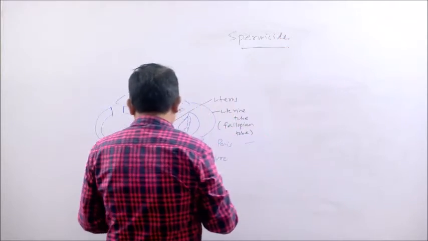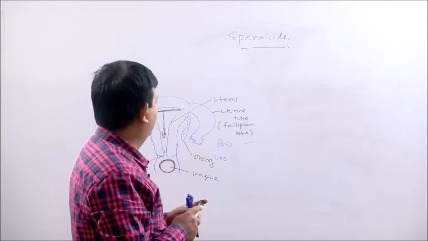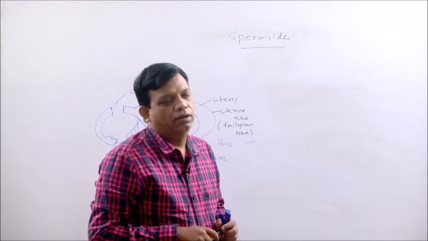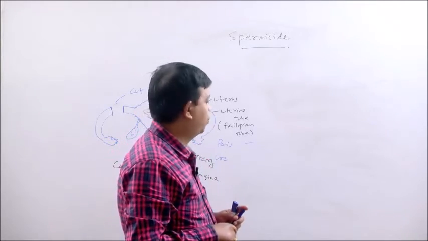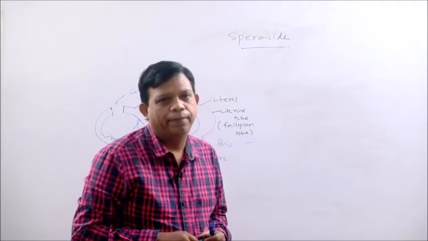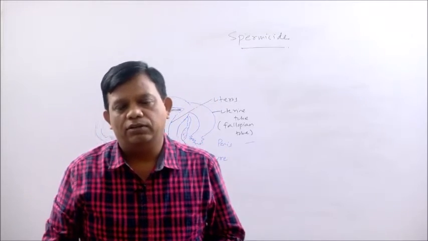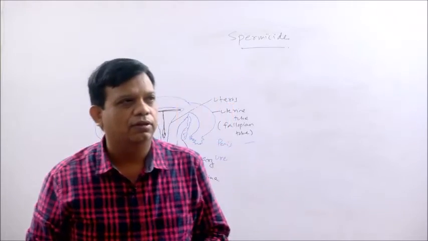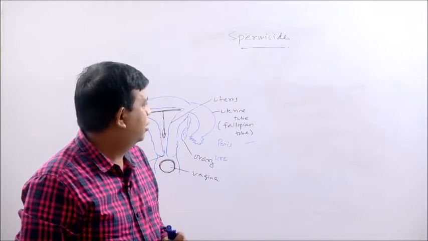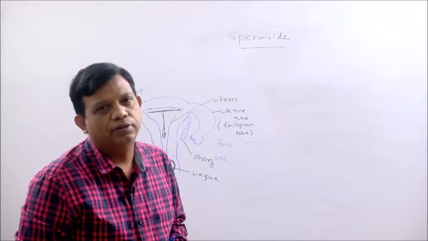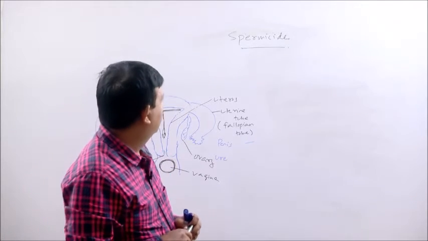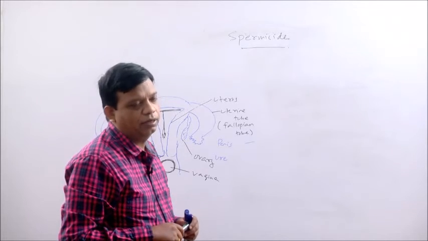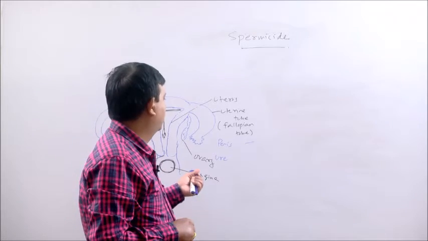Then another method of birth control is use of spermicide. Spermicides are sperm killing agents. Spermicides are available in the form of foam, tablets, gels or creams. Before sexual intercourse, this spermicide is put in the vagina.